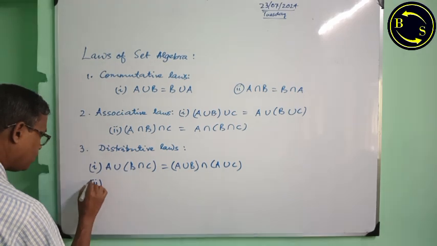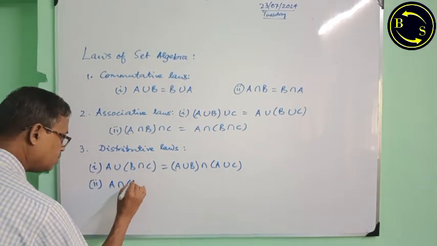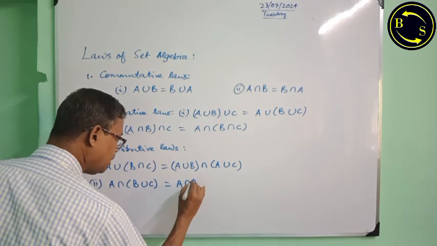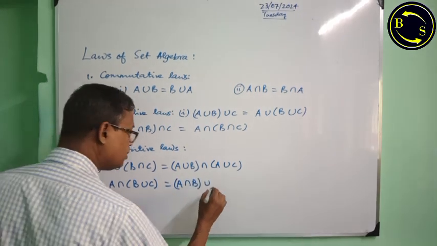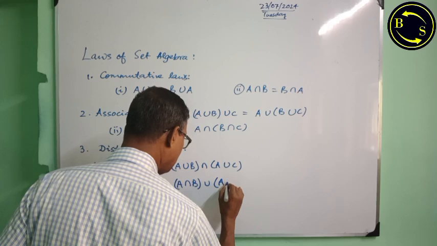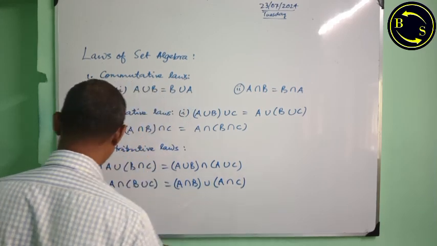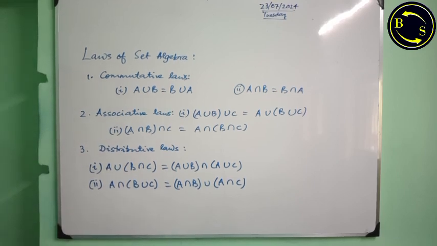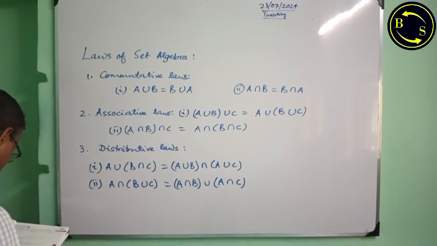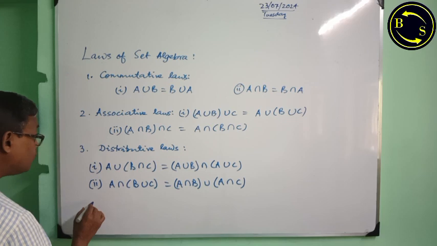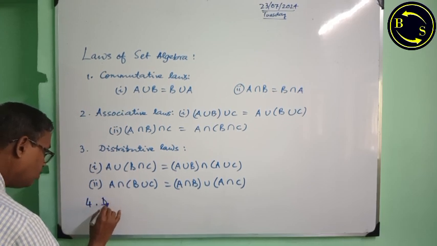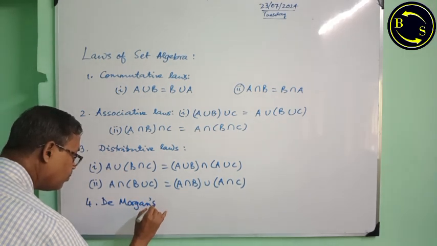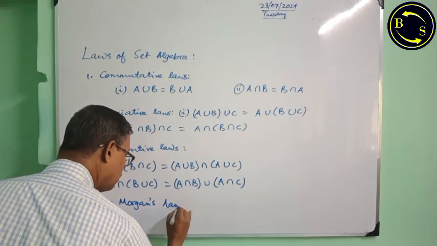Number 2, A intersection (B union C) equal to (A intersection B) union (A intersection C). Number 4, De Morgan's law.